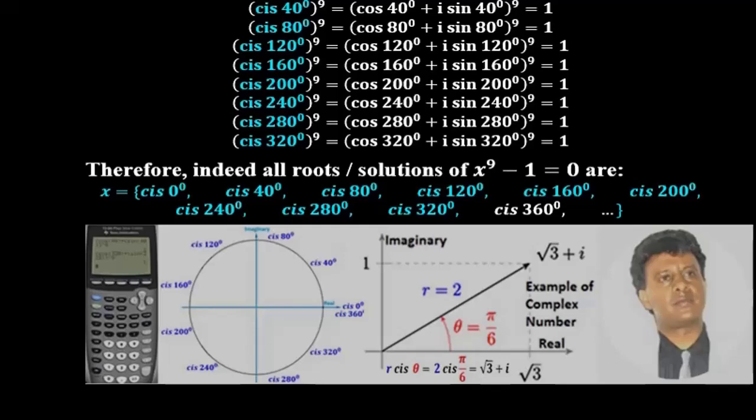So that is square root of 3 plus i. That is a complex number, and that is a vector with magnitude 2 and direction pi over 6, which is 30 degrees.